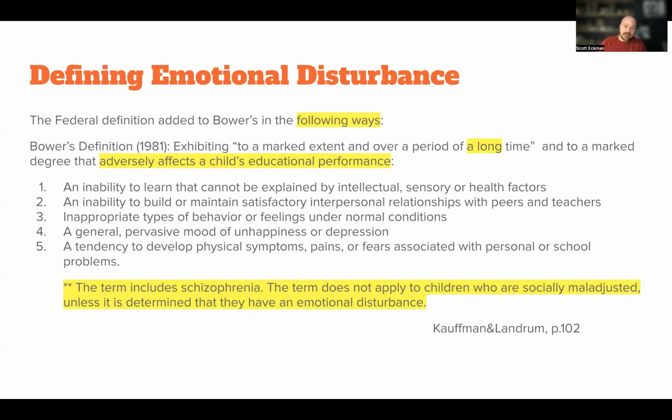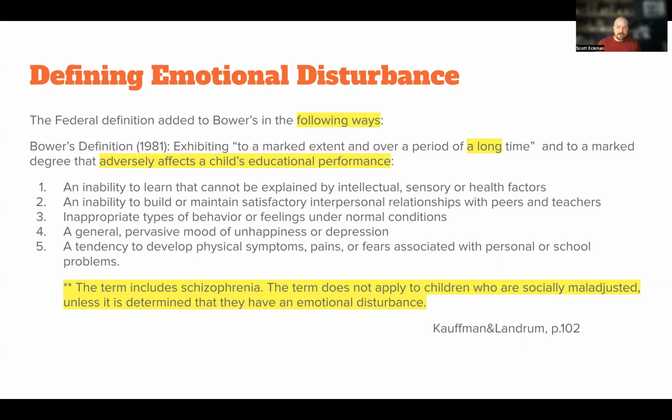They added things such as a long time, again thinking about what is a long time. And then the biggest thing that they added was that it adversely affects a child's educational performance. That's one of the big things when we think about verification for special education: is there an adverse effect on their educational performance when we consider if they're in need of special education.